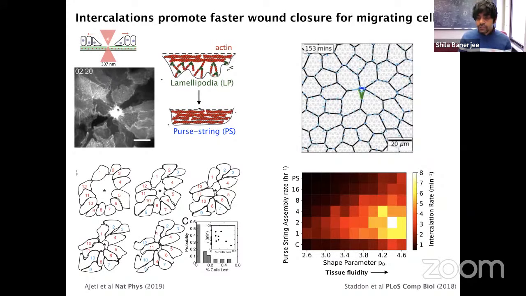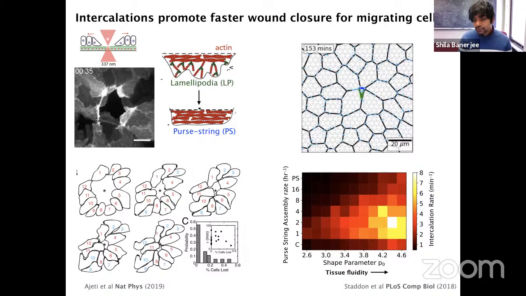So when you have both these active mechanisms of closure, intercalations are the most efficient, okay? And that's detailed in this paper done a couple of years ago.